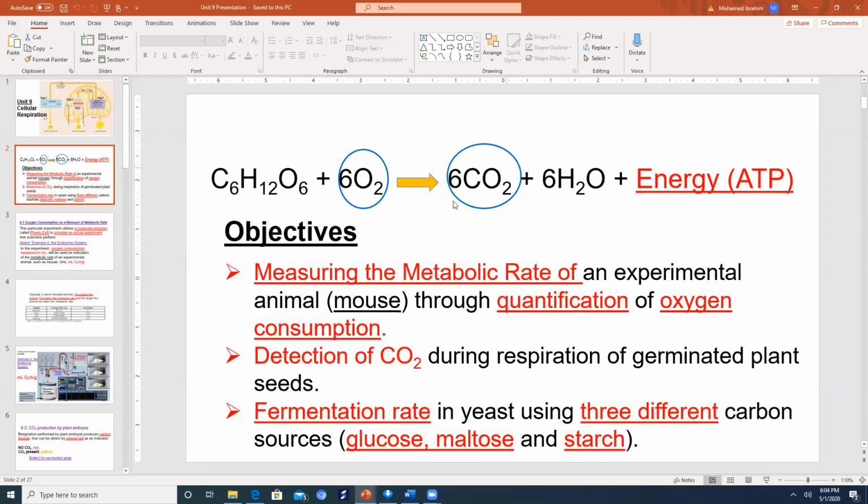Okay, and in order to break down organic compound to release the energy stored here, you need to have oxygen. So oxygen is like the fuel that you need to add to burn and break down this organic compound, when you break it down to carbon dioxide, basically.